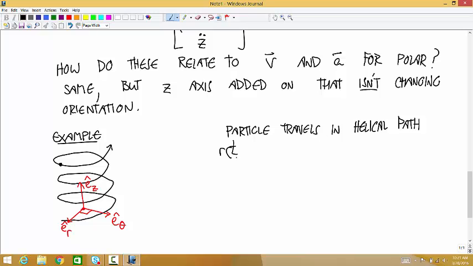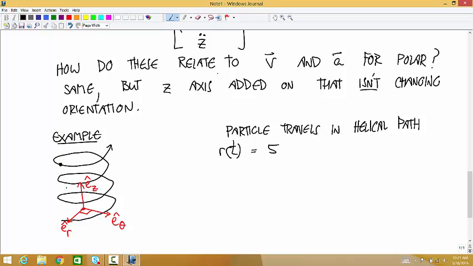So r of t is equal to 5. So what's that saying physically about this path? It's not changing over time. So physically, if you're just describing in words what this particle is doing, what does that mean? Yeah, right.